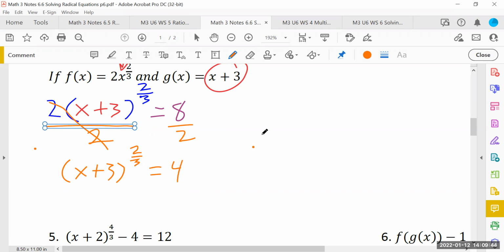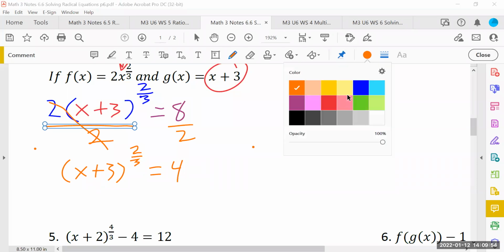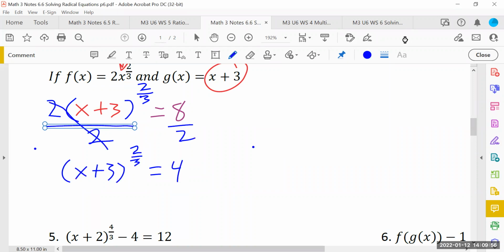Once I have the parentheses to a power by itself, I can get rid of that power by raising both sides to the reciprocal. So if this is the 2/3 power, I'm going to raise both sides to the 3/2 power. That way, this gets multiplied by 3/2. This gets raised to the 3/2 power.